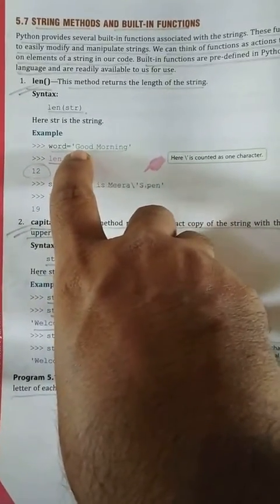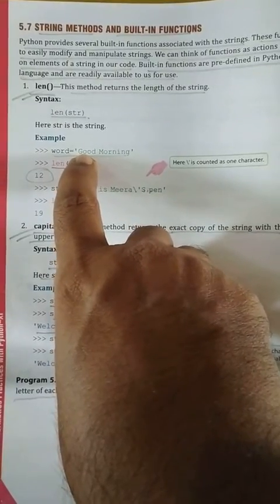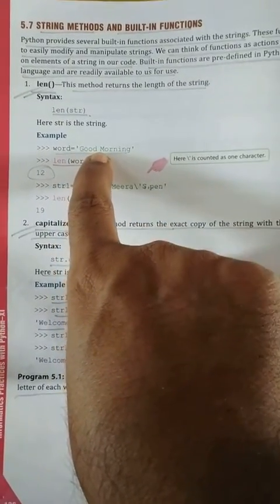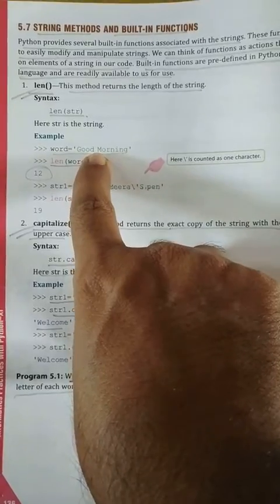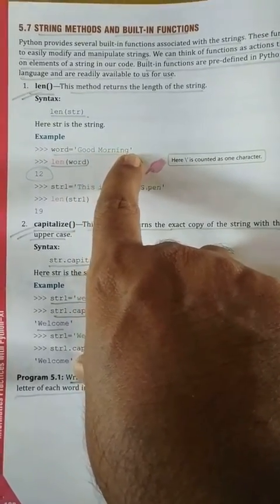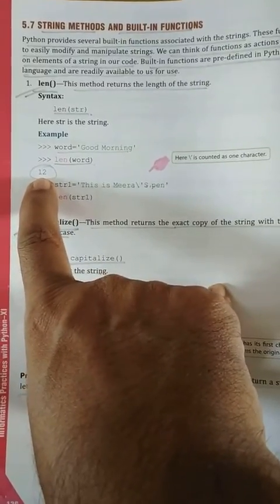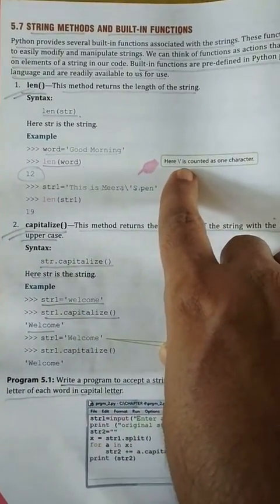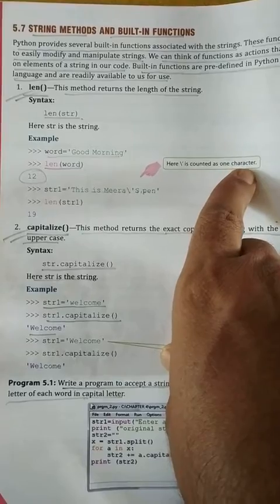So what is the length of the word? 1, 2, 3, 4, 5. Space is also counted. 5, 6, 7, 8, 9, 10, 11, 12. See, output is 12.